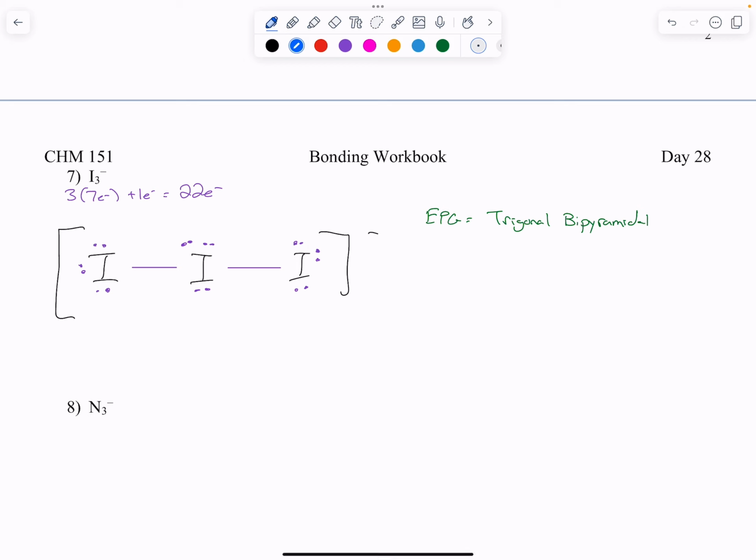Shape: linear. Hybridization: sp3d, and you got 5 pairs. Polar? I would say no. It's an ion, but not polar. And resonance: no resonance.